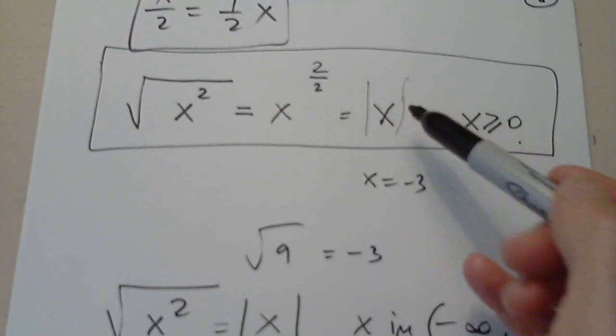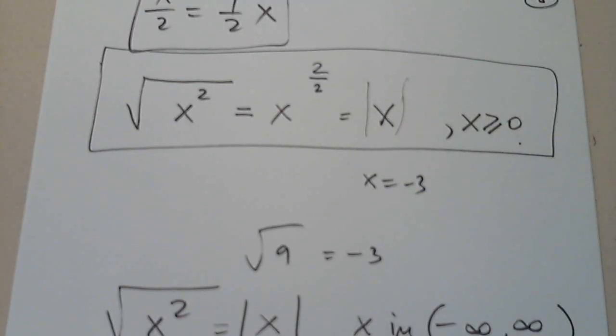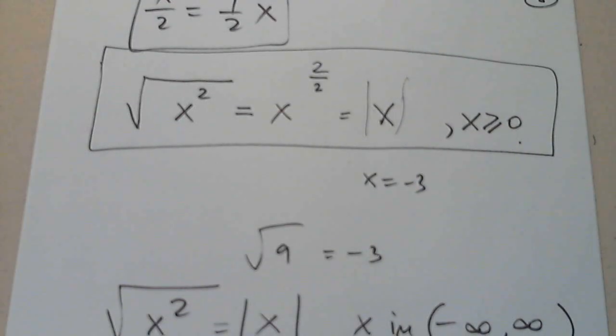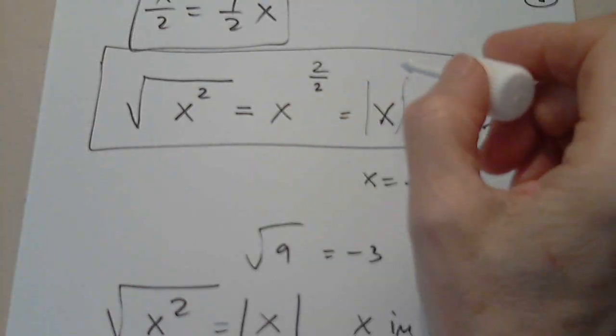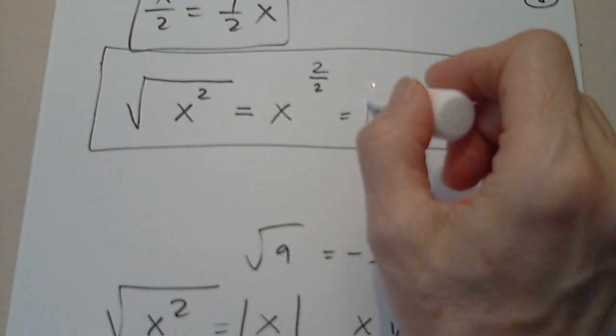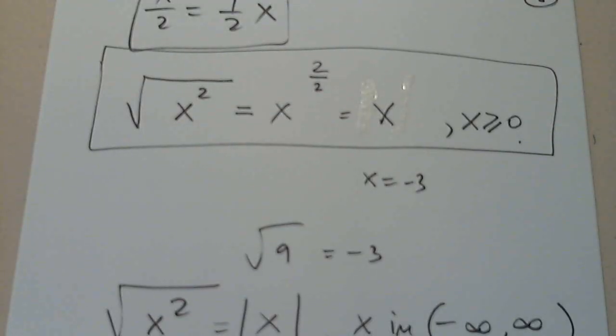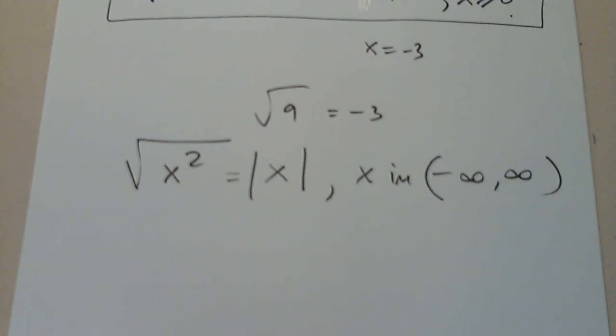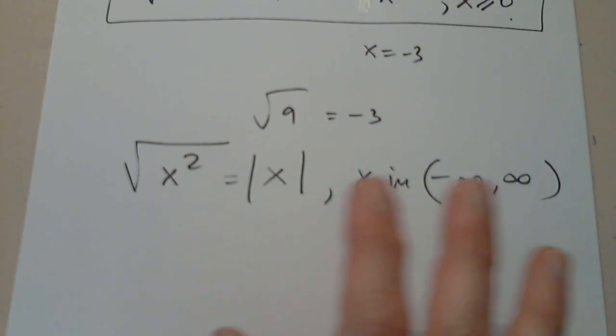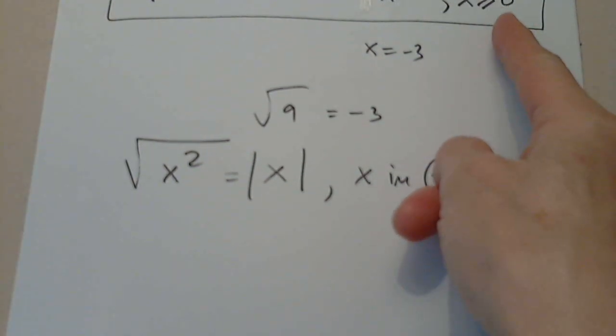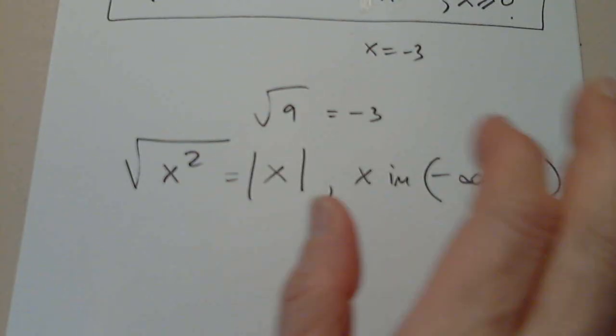The symbol, the two bars, are redundant if I know that x is greater than or equal to 0. And yes, it's considered incorrect if I put them and I'm already told x is greater than or equal to 0. So the square root of x squared is the absolute value of x if there is no indication, meaning if x can be any real number.